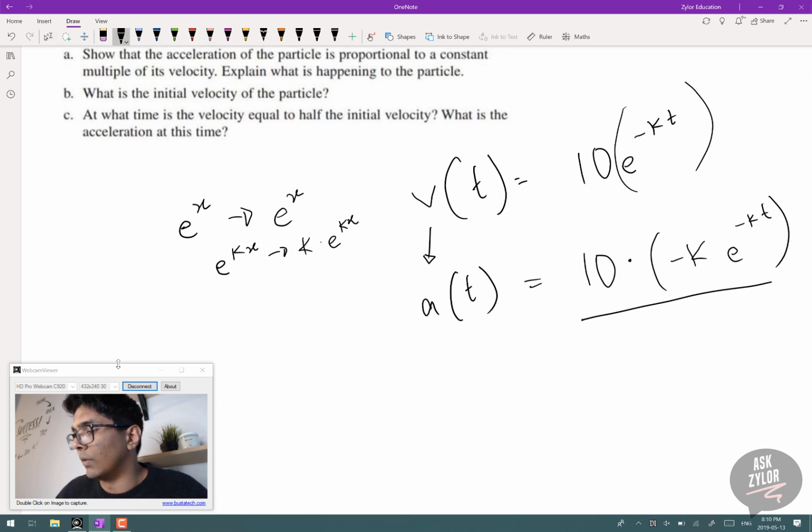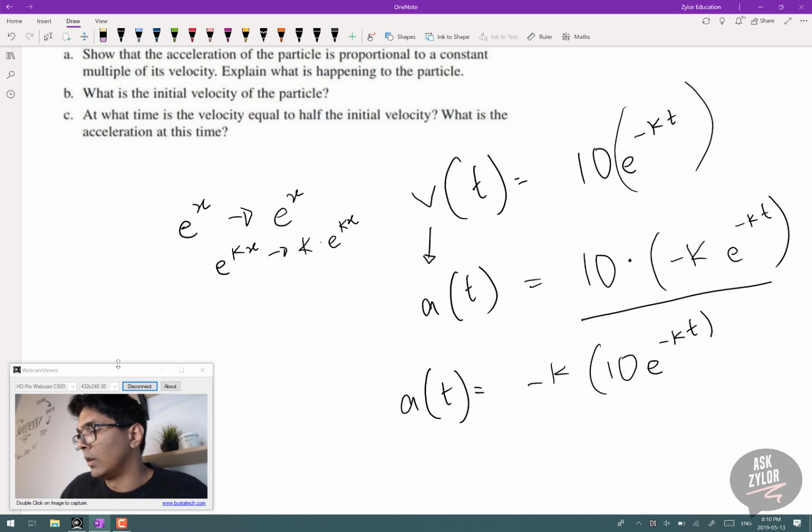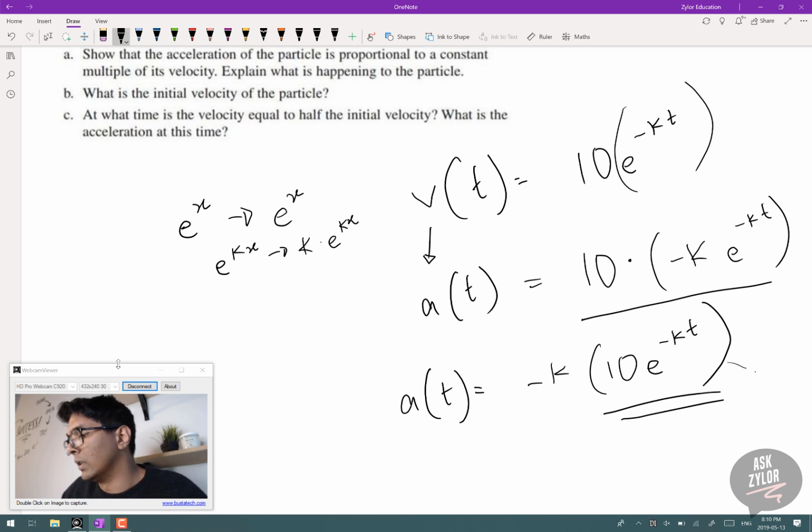So notice if we take out the negative k, my acceleration function is equal to negative k times 10 e to the power of negative kt. Notice how 10 times e to the negative kt is the exact same as my velocity, right?